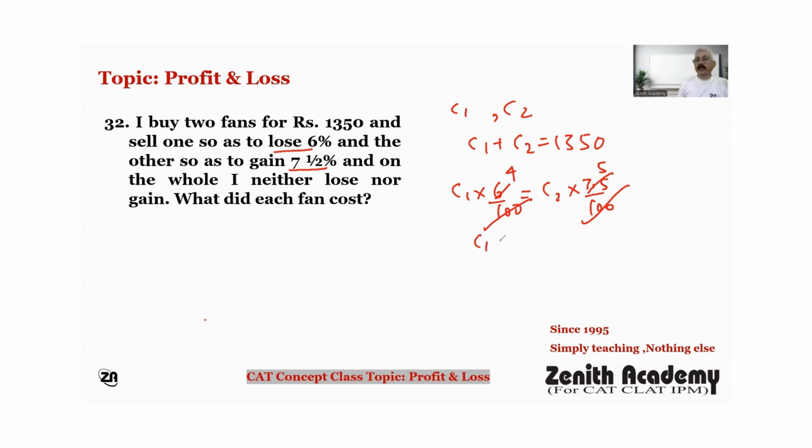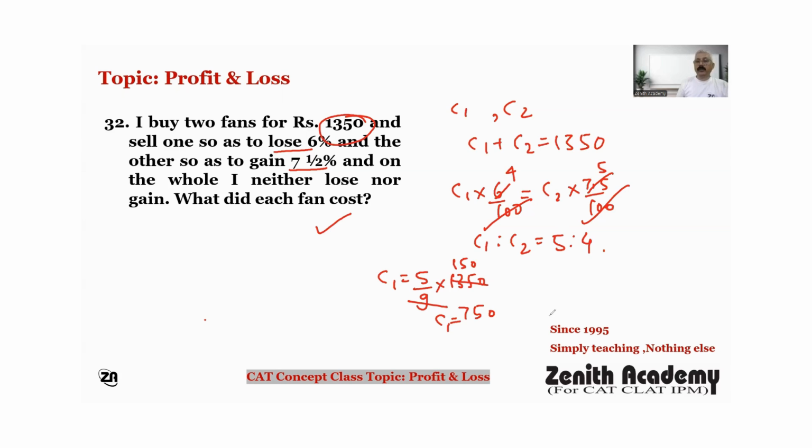So here C1 to C2 is 5 is to 4. So now C1 is 5 upon sum of the ratio, into 1350. This is 150 times 5, it is coming 750.